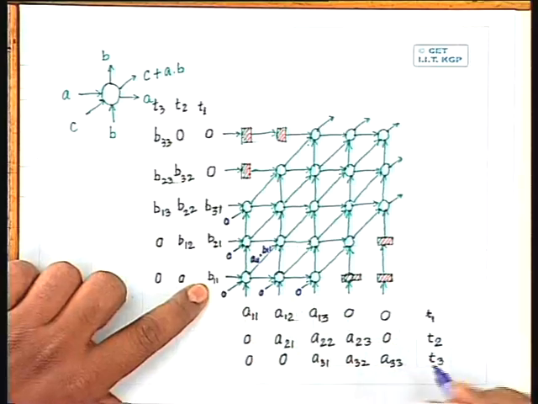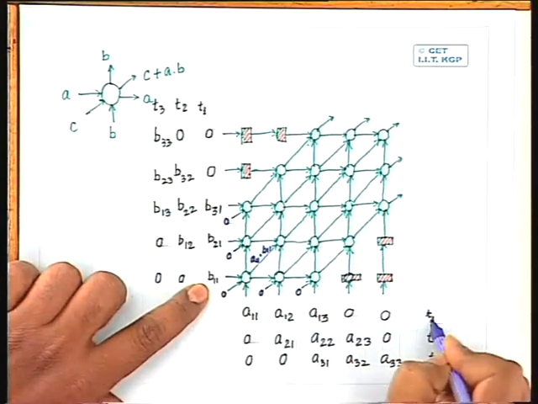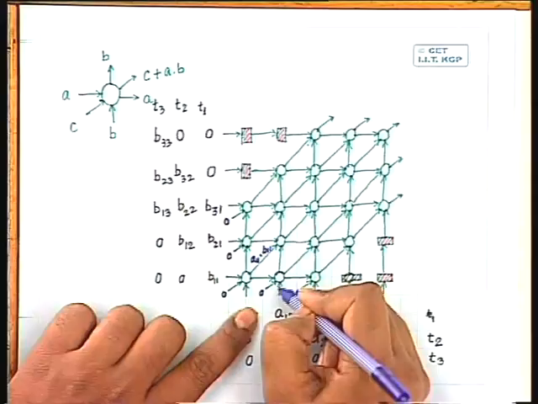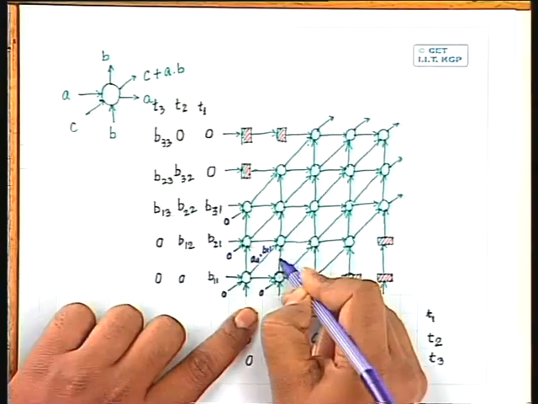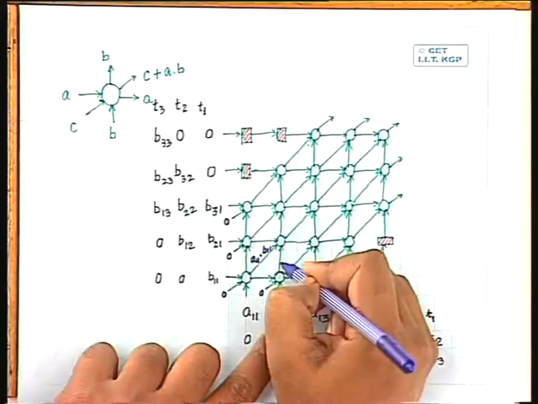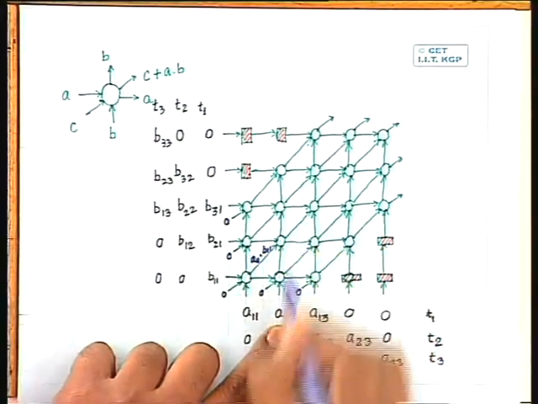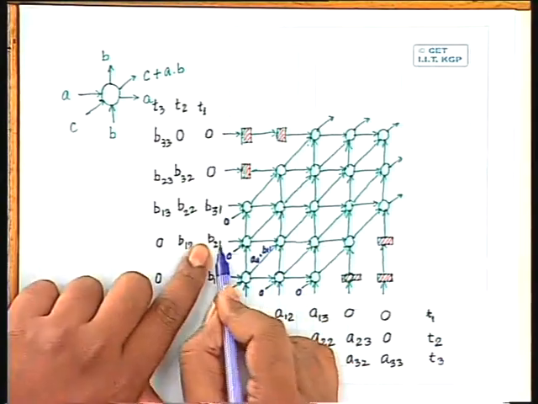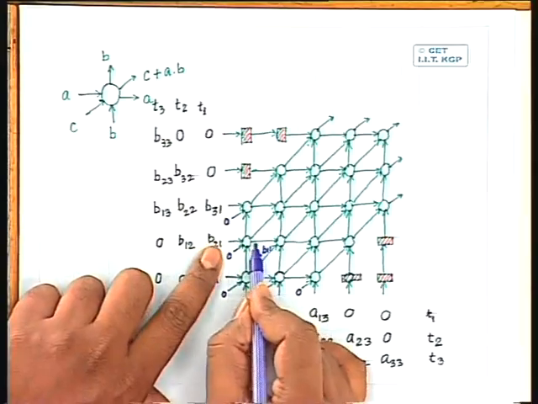Similarly, after the same time T1, what I have in this direction? Simply A12 will be passed here in the vertical direction, because this is the vertical input. B21, which is fed horizontally, will be passed here.